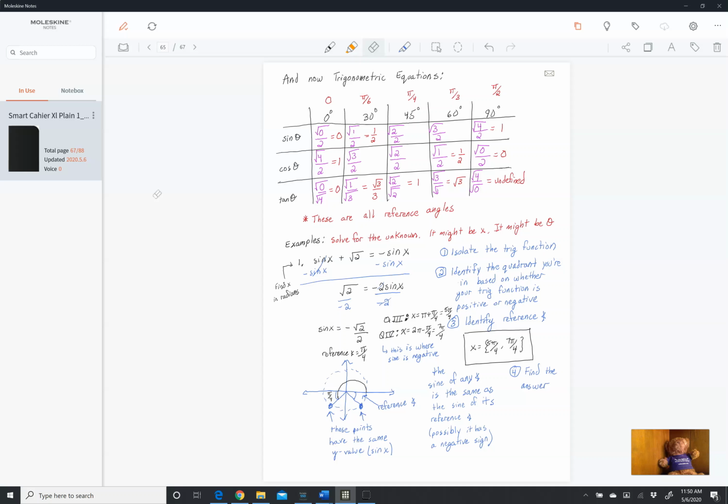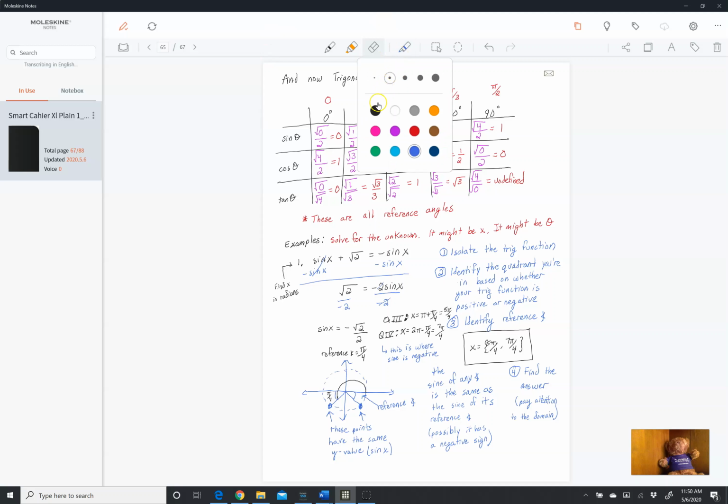Okay, and I'm going to put in here, pay attention to the domain. Right now, in this problem, don't worry about it. In future problems, we will. Okay, pay attention to the domain. So in this one, don't worry about this for this problem though.